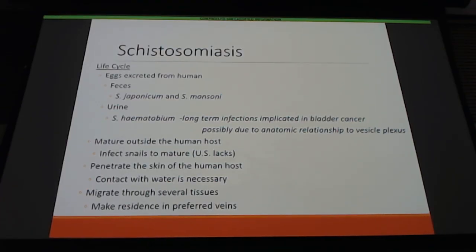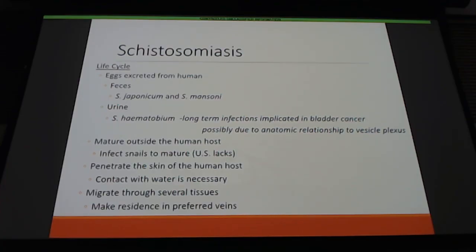It's associated with the bladder, so if it's pushing out eggs, it is going to push out eggs in the urine. Vice the other 2, which are associated with the intestinal tract. When they push out their eggs, it's going to be the stool. So when you look for haematobium, it'll be in the urine, and when you look for Japonicum and Mansoni, it'll be in the feces.